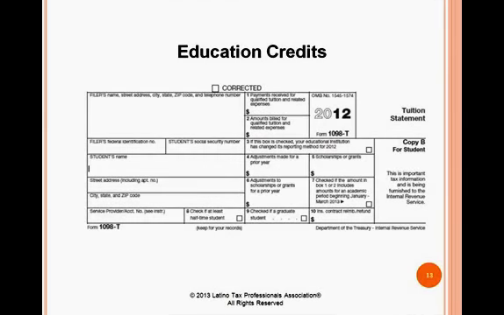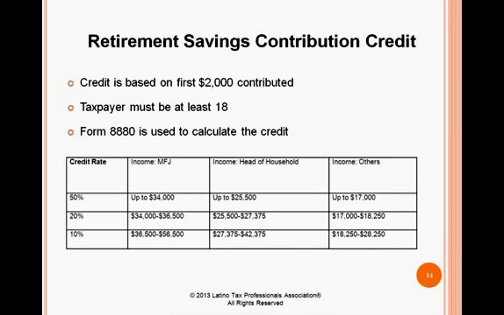There is another called a retirement savings contribution credit. Now, many people don't necessarily qualify for this, but a few do. Those have to do where their income is lower. So if they are contributing to a 401k, for example, and their income is less, up to $34,000, if married filing joint, as you're looking at the chart, then they could qualify and receive a credit.